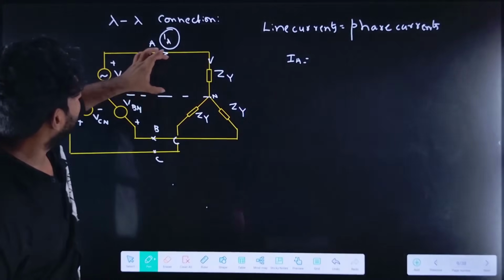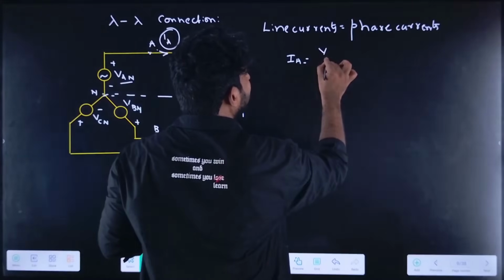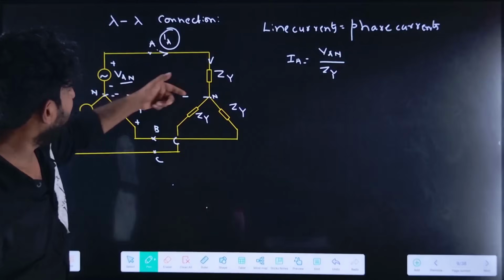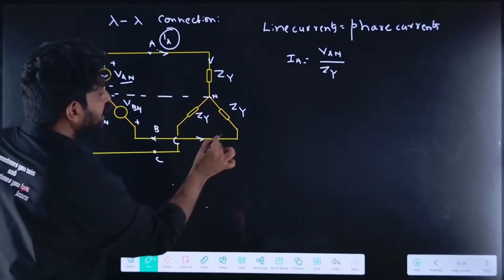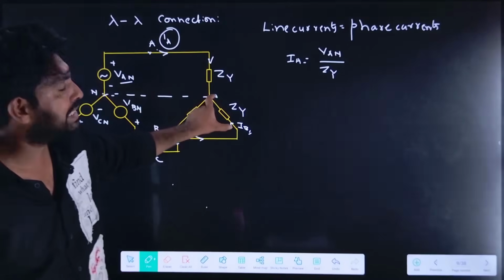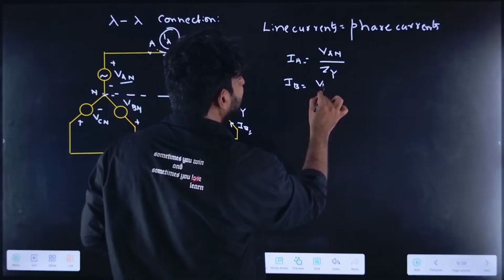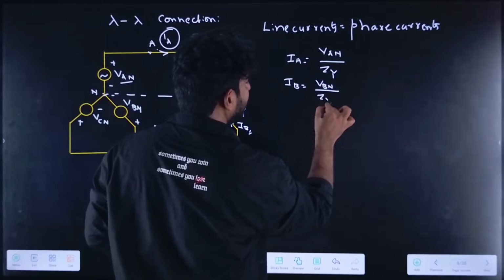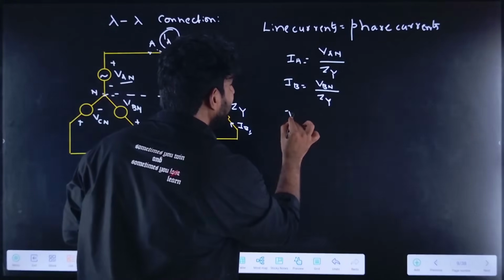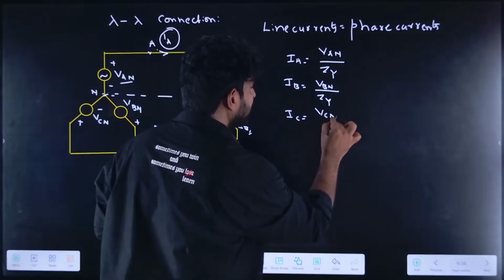VAN is applied across Z, so IA equals VAN divided by Z. IB is the current flowing in this branch, and the voltage across it is VBN, so IB equals VBN divided by Z. Similarly, IC equals VCN divided by Z.